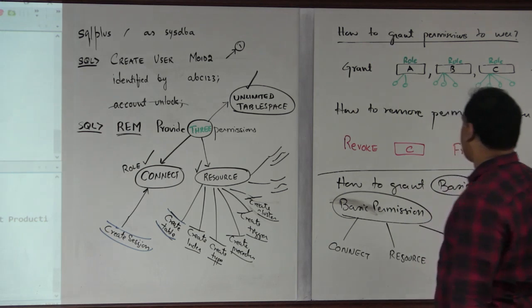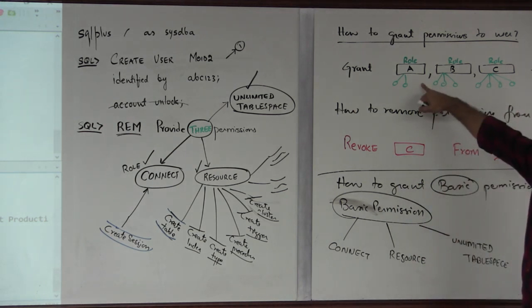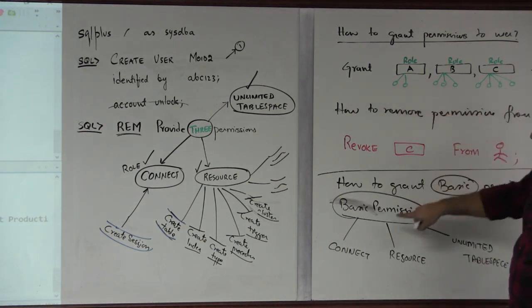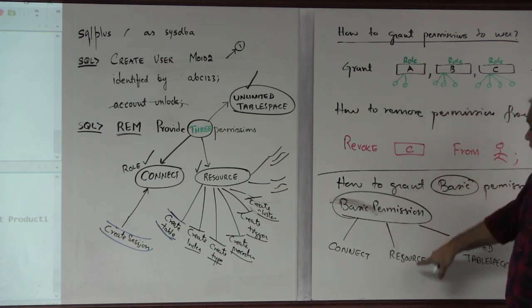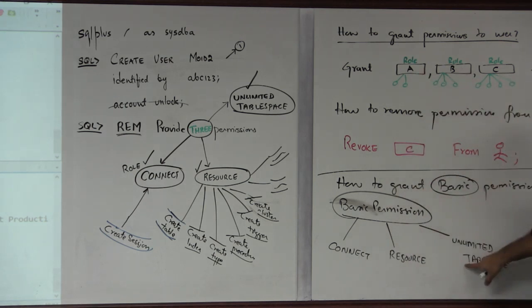Okay, all you have to do is you just put in here: grant connect, comma, resource, comma, unlimited tablespace to Arshia. This is how you are going to grant the permission to that user.